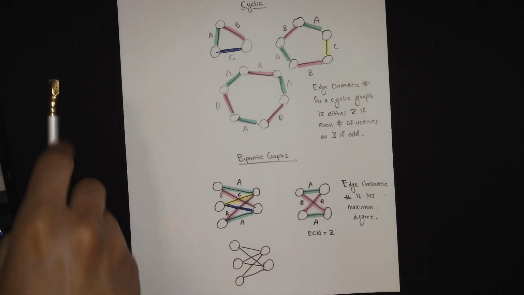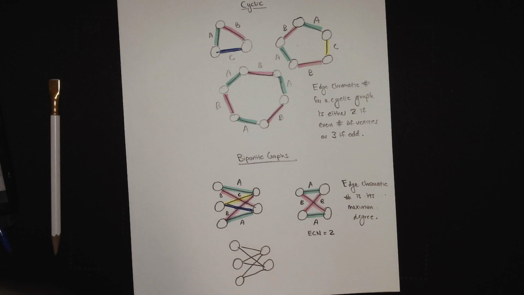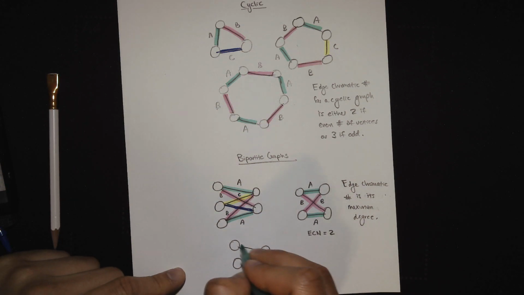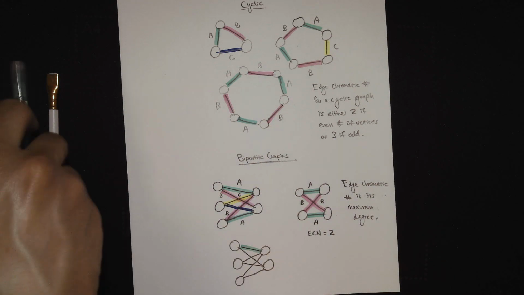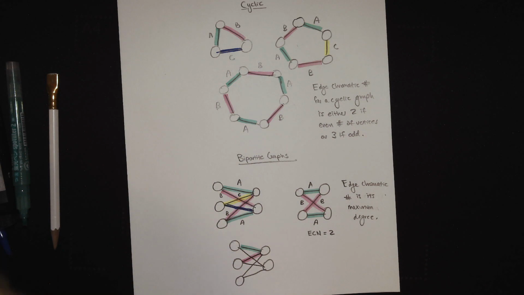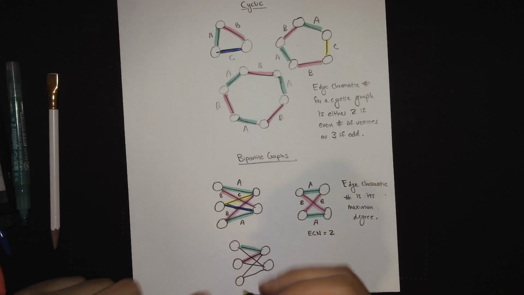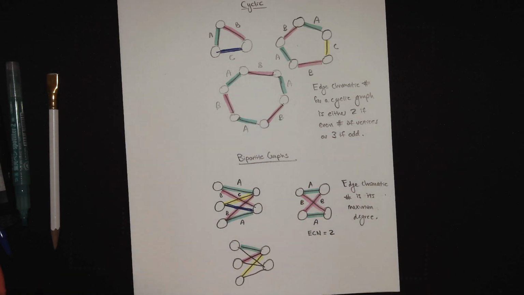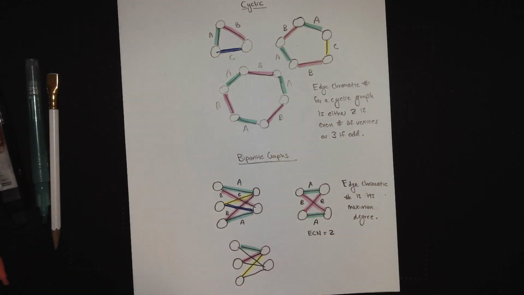So let's try something else here. Let's try starting with one of these vertices. So we can do this color, this color, and this color. So we're still going by trial and error.